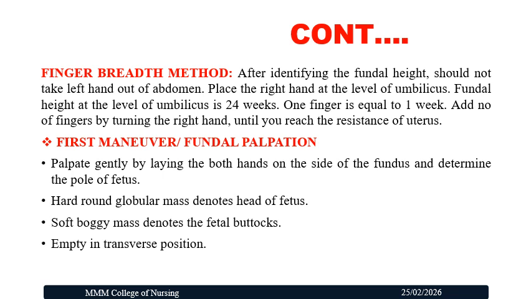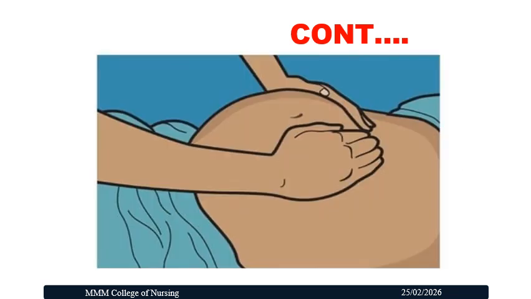Check whether it is a hard round mass suggestive of fetal head or a soft boggy mass suggestive of fetal buttocks. If there is no hard round mass or soft boggy mass, meaning it is empty, it can be a transverse position. This is the image of the fundal palpation.